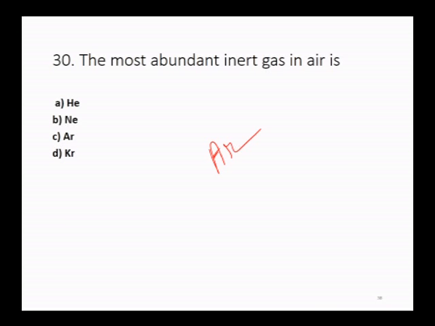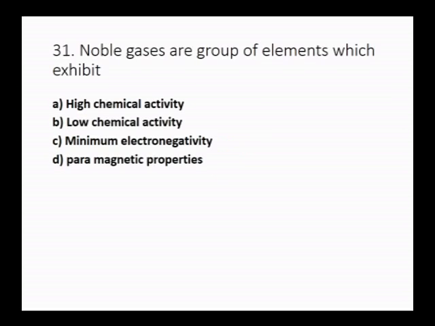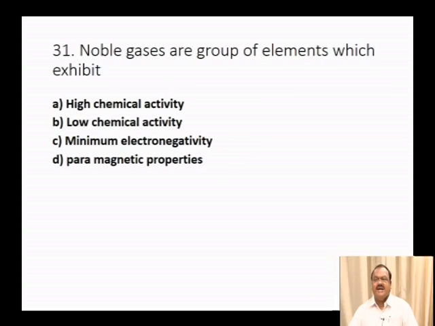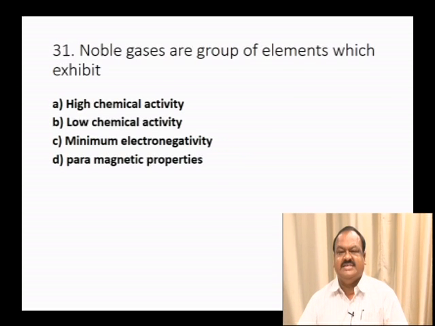Next, noble gases are a group of elements which exhibit high chemical activity, low chemical activity, minimum electronegativity, paramagnetic properties. Noble gases is nothing but inert gases. Their electronic configuration is completely filled.